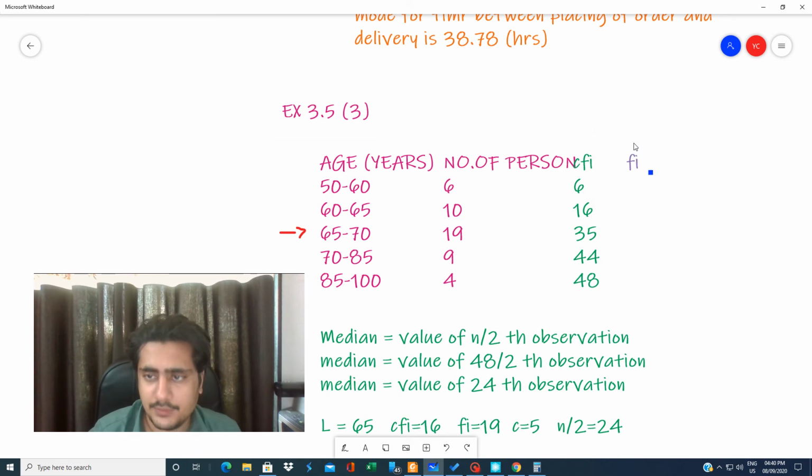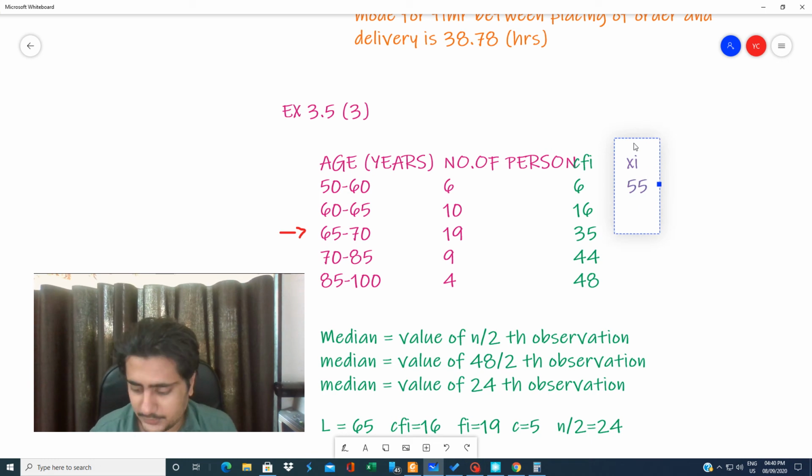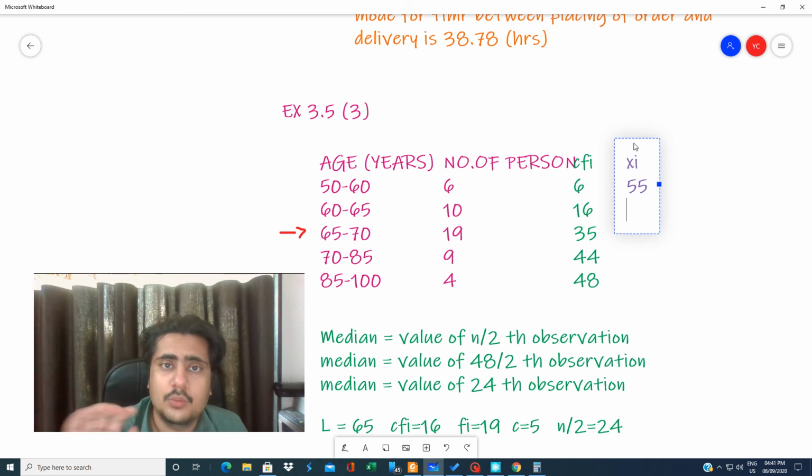Fi is given, so how will I find the xi? See, you have to do the mid value, that is 50 plus 60 upon 2. Now you will not write 55, 65, 75, 85, 95 because these classes are not equal. So you have to find the mid value in each and every class.